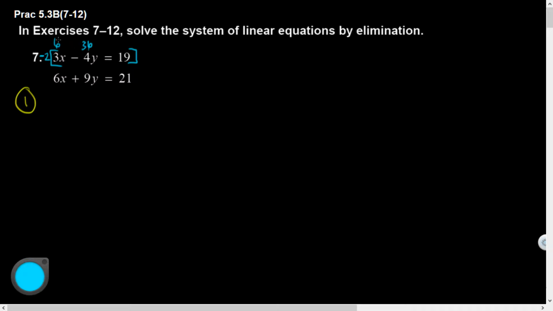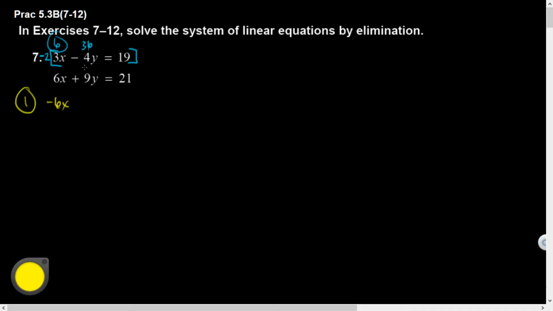All right, so I've chosen this, and I actually recommend you even writing this work down. If on a test, even if you didn't have anything else, you wrote down 6 and 36, I'd know what they're thinking about there. I would know what you're aiming for. So show this work. Let's multiply through by negative 2. Negative 2 times 3x is negative 6x.